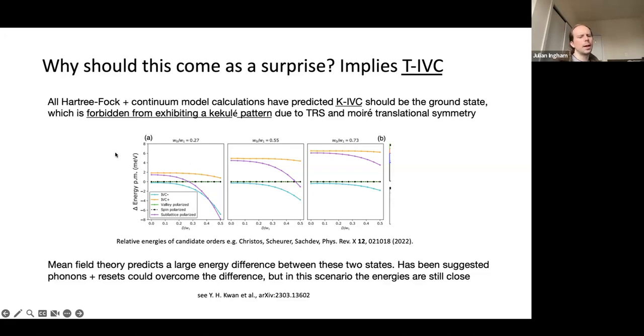So this is recent, very nice work that has suggested that phonons plus these Dirac revivals could potentially overcome the difference between the two. Phonons, the E2 phonons, promote TIVC, but even in this scenario, the energies between the two states are quite close.